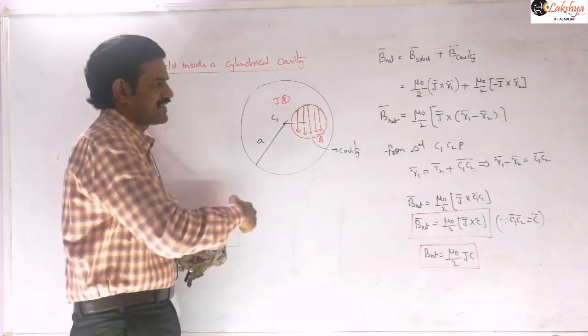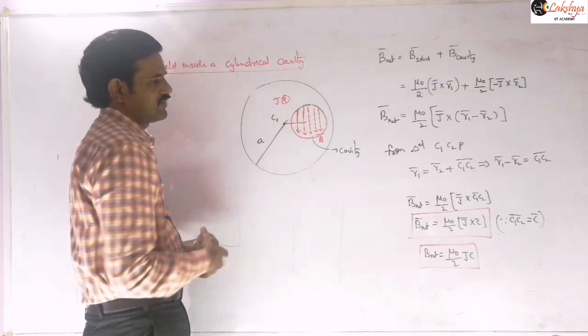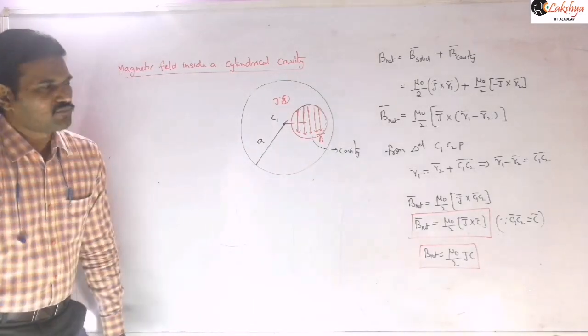So like this, for this case, when J bar is into the plane, then the B bar direction you will get like this. Therefore, the magnetic field inside the cavity is uniform.